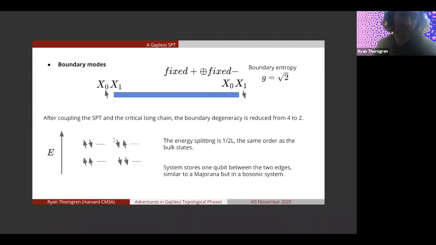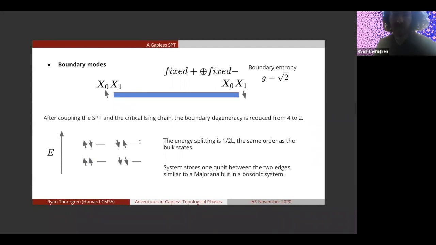So here we'd say, before coupling, these are all exponentially split, where the exponential is the correlation length of the gap sector. But now that we've added this XX, we've split that fourfold degeneracy into two. There's a 1 over L splitting between these.